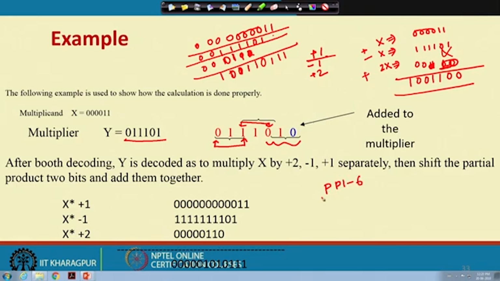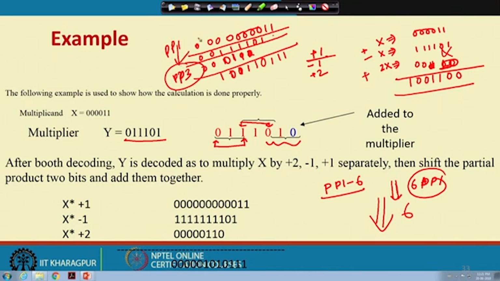I will get a total of 6 sets. So, for the added depth delay, 6 partial product sets I have to add, so the depth will be 6. But here, as I have used this Booth recoding technique, the partial product set has been reduced to 3 only. So, I can reduce the depth, and whenever I reduce the depth, I can reduce the delay too.